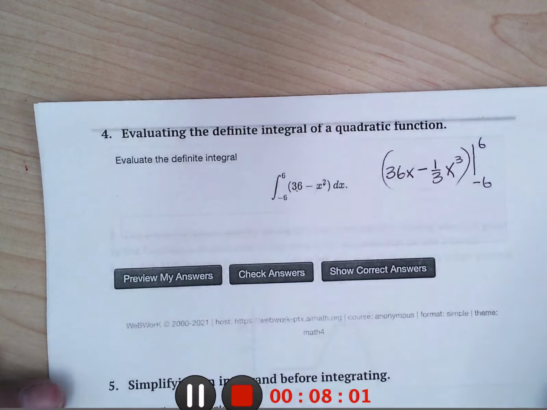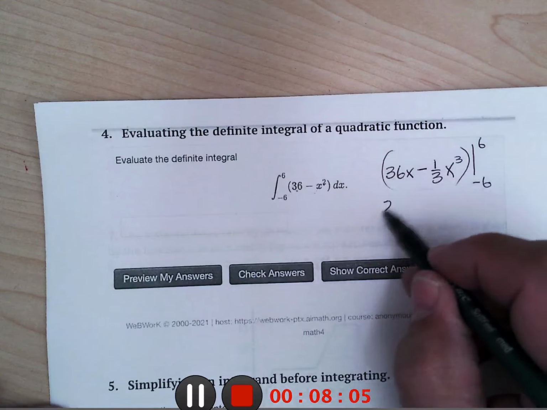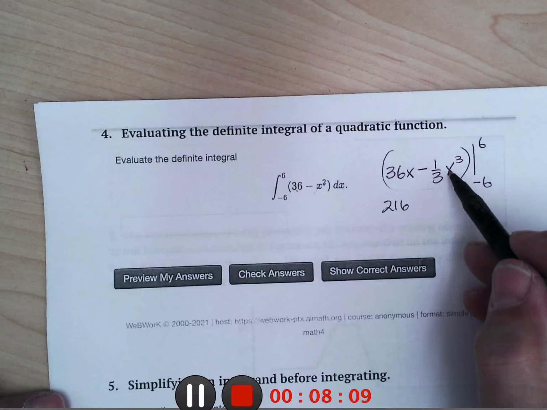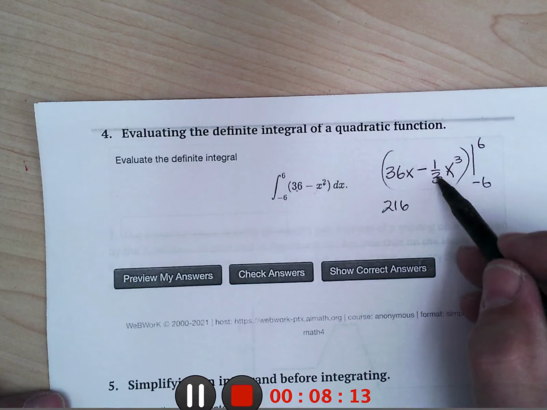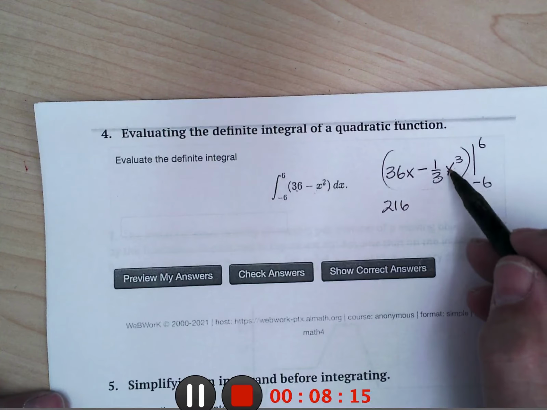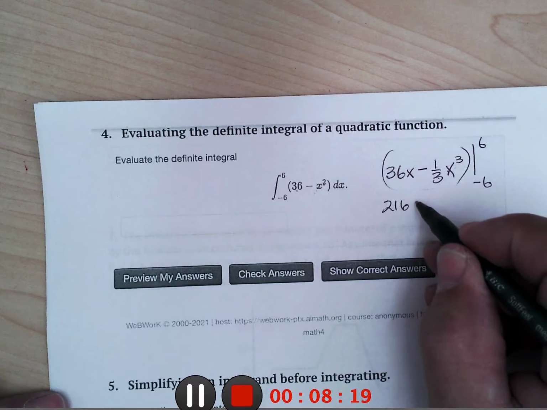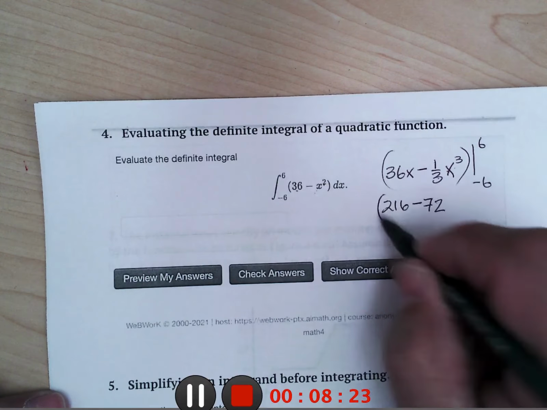So if I put in 6, I get 216. 6 times 6 times 6 divided by 3 is 2 times 6 times 6. 6 times 6 is 36, times 2 is 72. That's what I get when I put in 6.